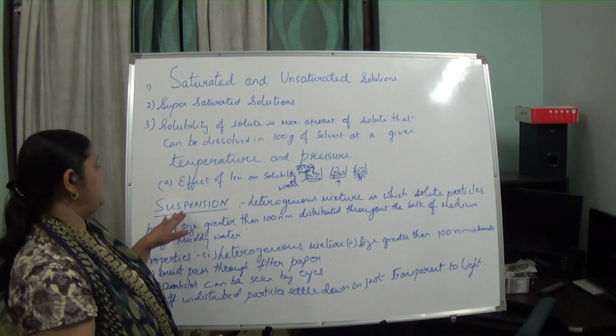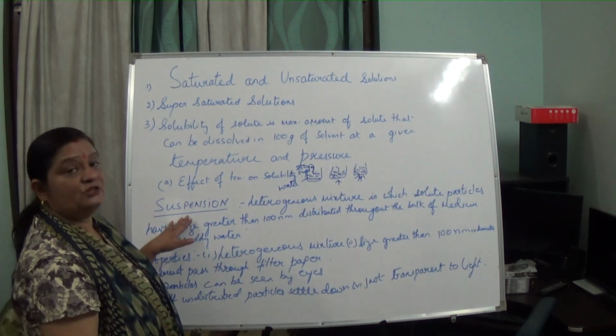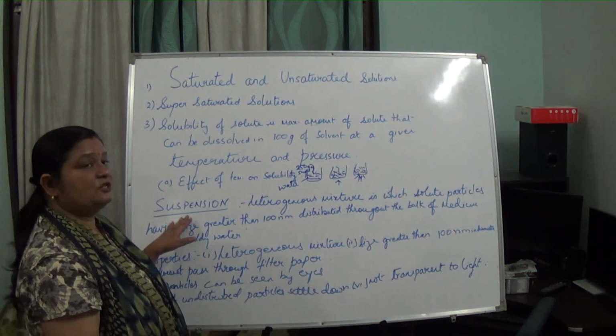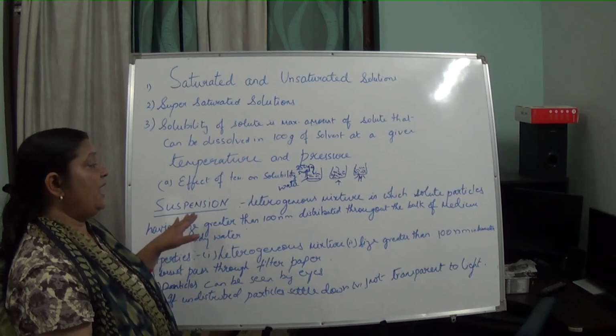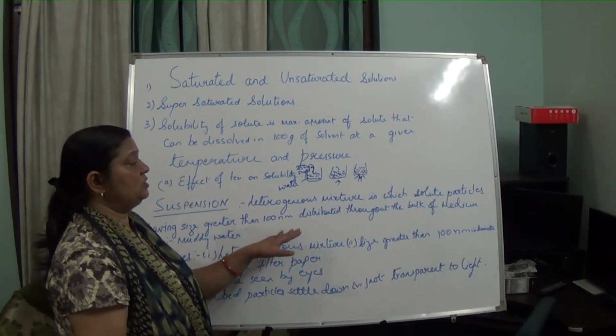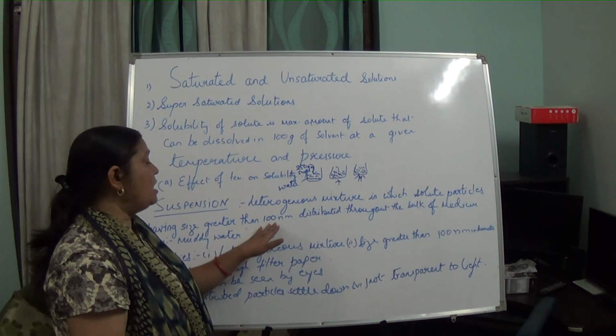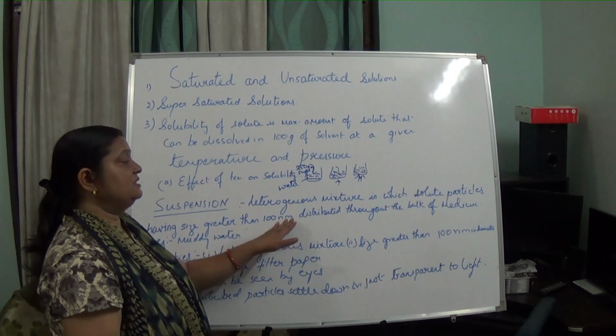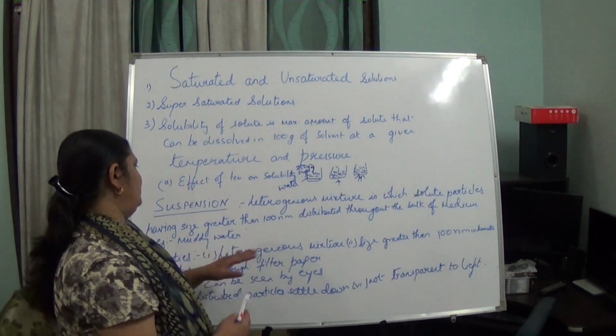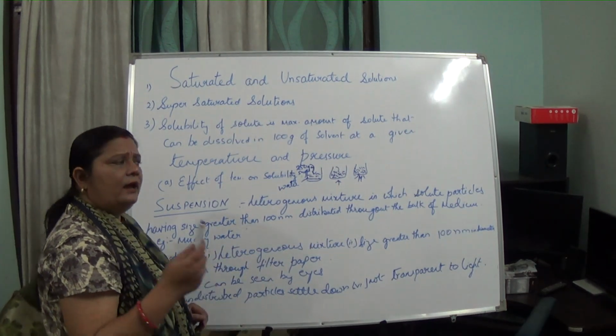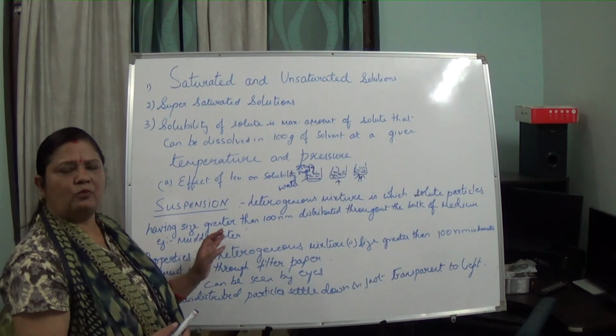Next is suspension. What is suspension? It is a heterogeneous mixture in which solute particles have a size greater than 100 nanometer and are distributed throughout the bulk. A very easy example is mud and water, or muddy water.